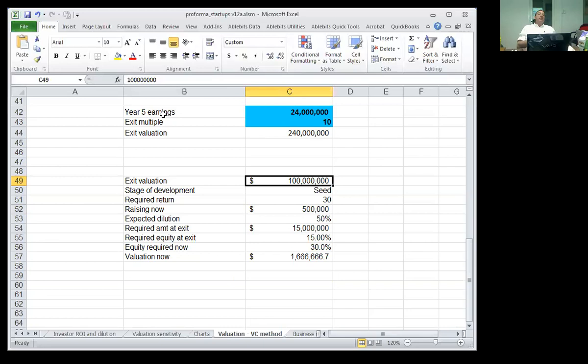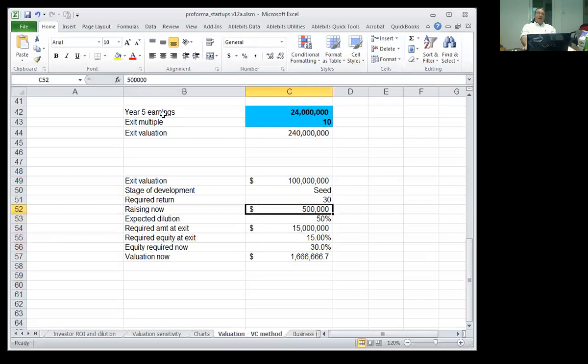Valuation now is, okay, here we're just dividing the amount of funding by the equity. Conceptually, the way you can think about it is that 500,000 equals 30% of N, right?